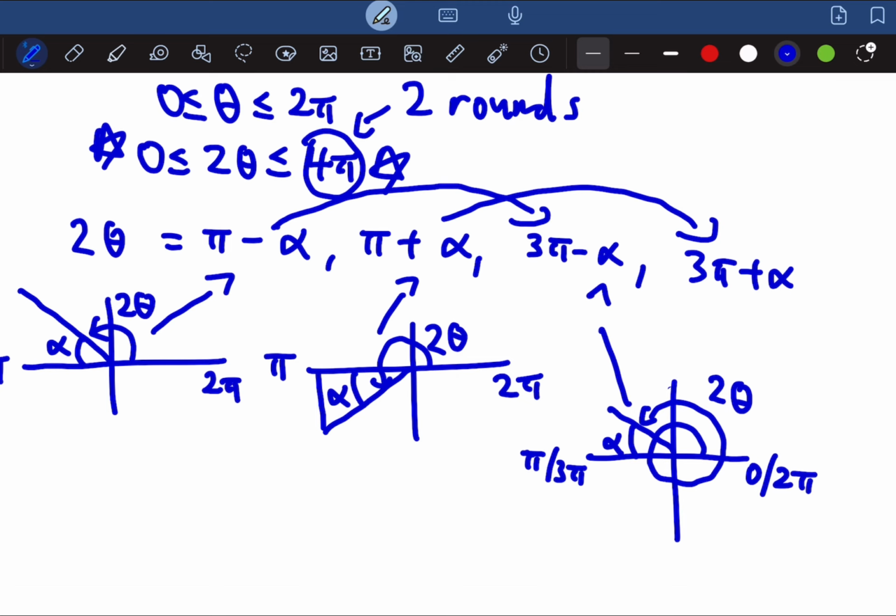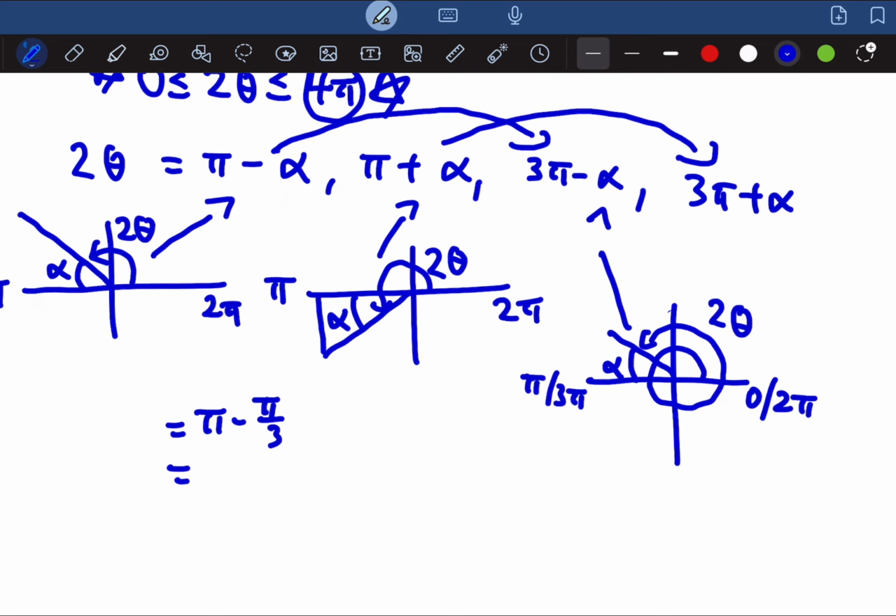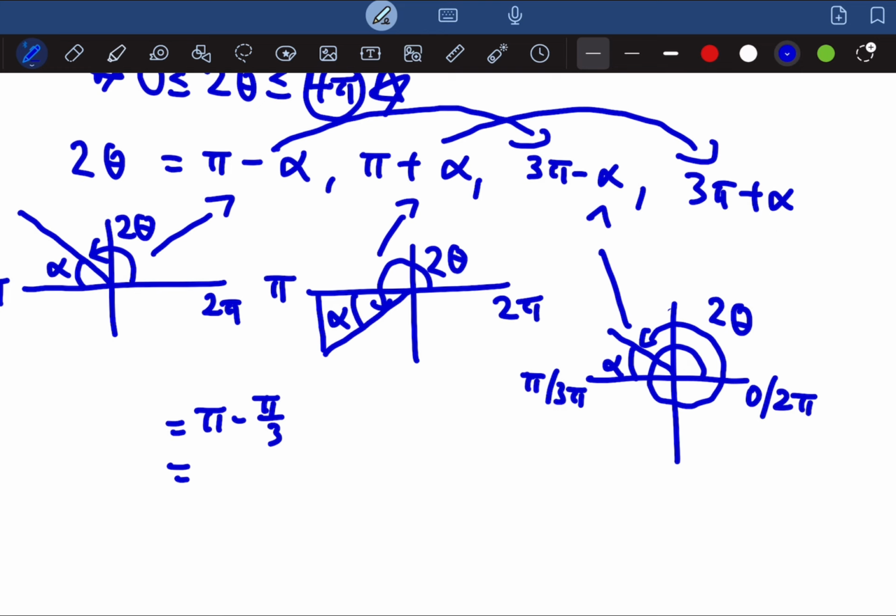So with all this, we use the calculator. Here you can see is pi minus pi over 3. This step, the next step you don't need to show. I'm just showing you how I derive this. I factorize out the pi, 1 minus 1/3. So this is the answer, which is 2/3 pi. Then we do the same concept for the rest. Pi plus pi over 3.